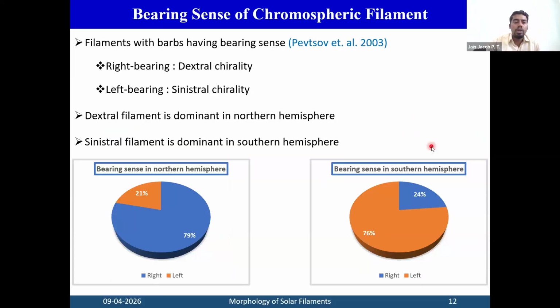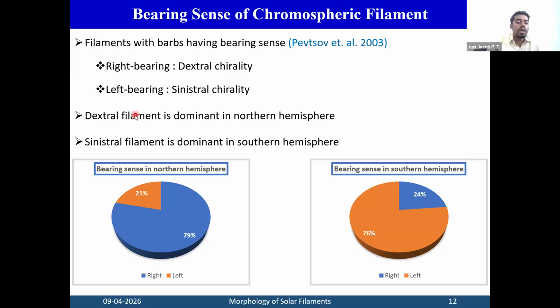So according to the bearing sense, we can classify it using this method. If it has a right bearing sense, we can classify it as dextral chirality, and if it has a left bearing sense, it can be classified as sinistral chirality. So from this bearing sense, we estimated their chirality.